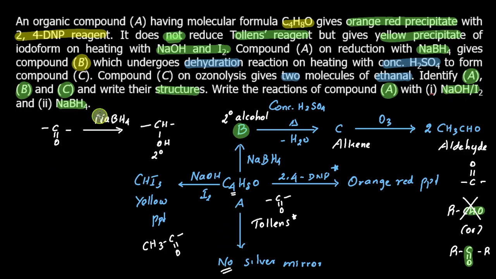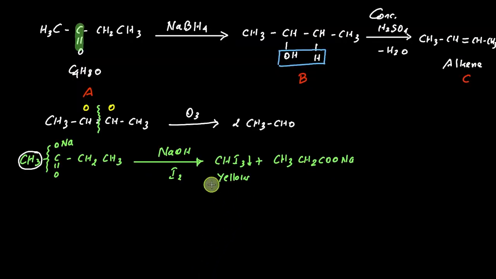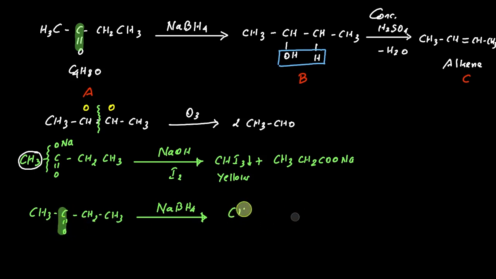Then the next thing they are asking, what is the reaction with NaBH4? We have already written, so let me write one more time. CH3, C double bond O, CH2, CH3, on treatment with NaBH4, I will be converting C double bond O into CHOH.